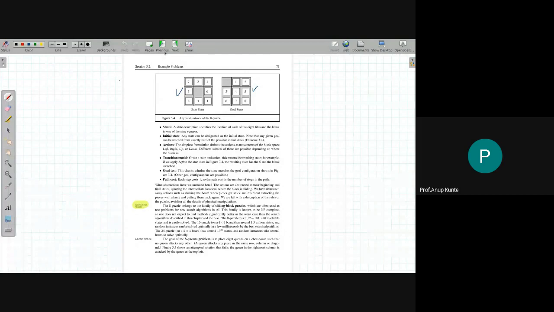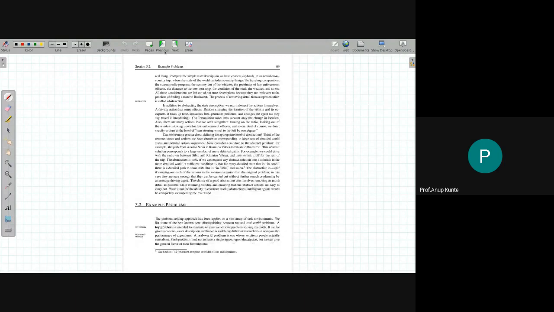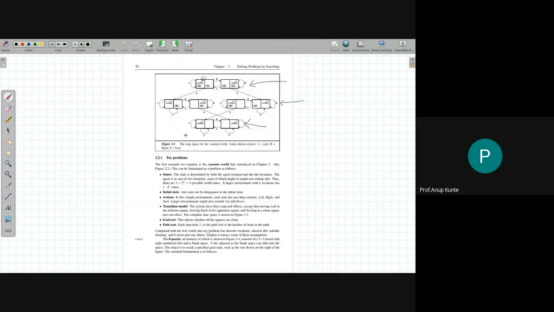Again, in the vacuum cleaner world, if you had seen that diagram earlier, you'll find that this state and this state, where both the rooms are clean, can act as my goal states. Now if I were here, I would rather be going to this goal state. I would start from here and then try to reach this goal state.